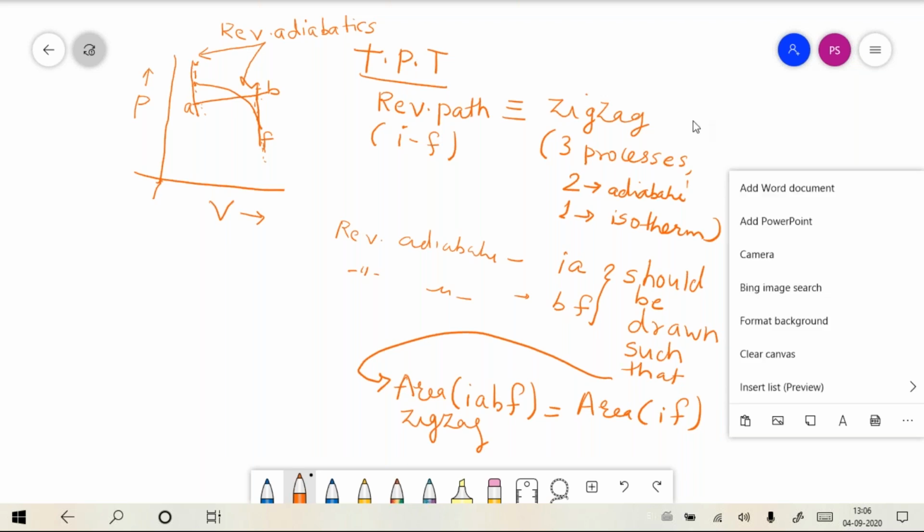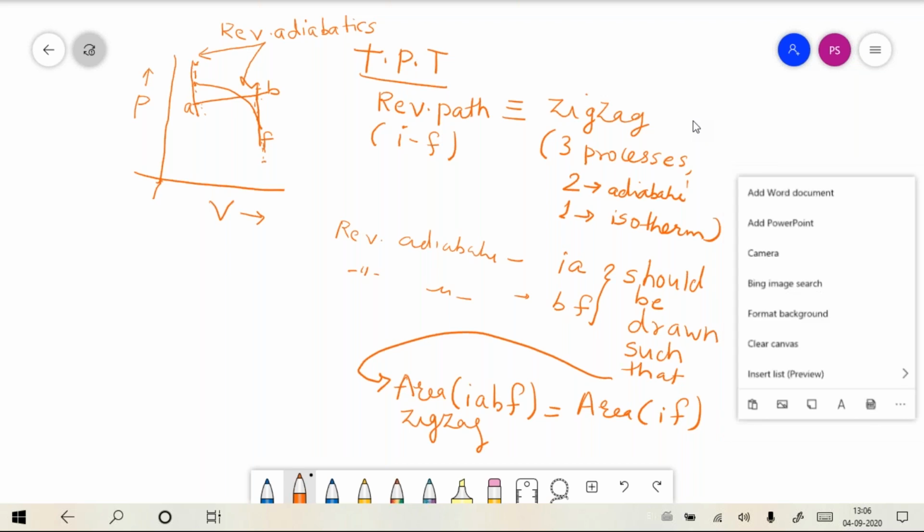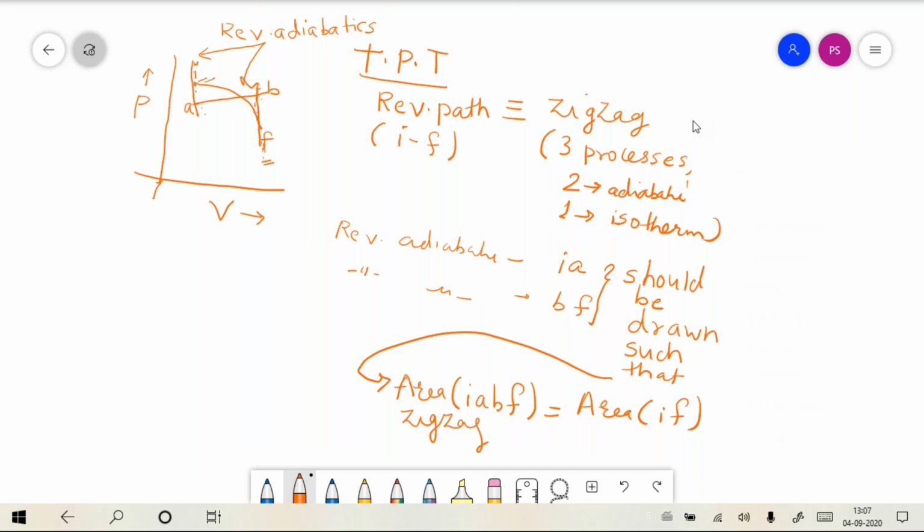See, once again, what we are going to prove? We are going to prove that a reversible path, which is I to F, this is I and this is F, can be replaced by a zigzag path comprising of three processes.